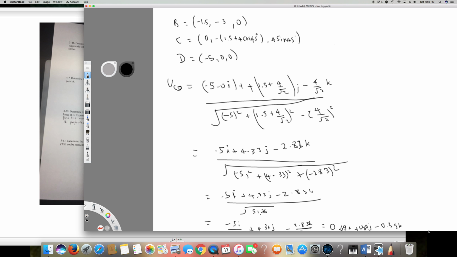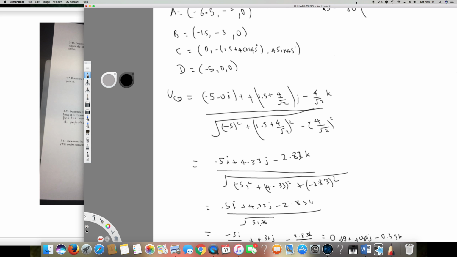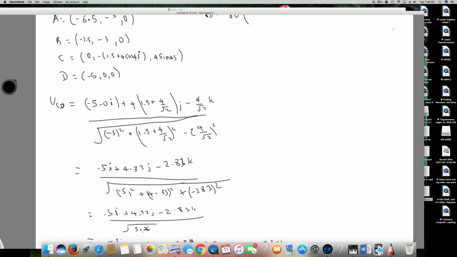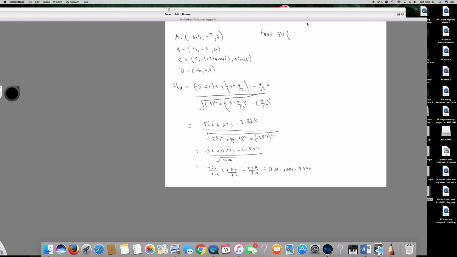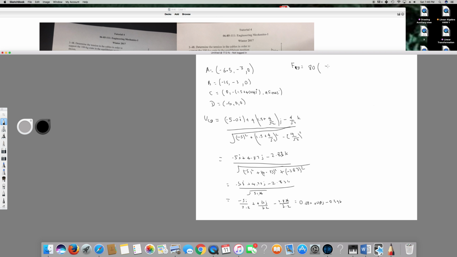So this is my value for the UCD. Now I'm going to multiply this number by 80. If I multiply these numbers by 80, that's my force.